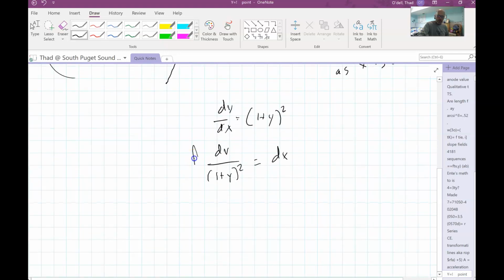And if we integrate that, now we're going for an analytical solution using separation of variables. If we integrate this side, we end up with what? Negative 1 plus y to the negative 1. And over here we get t plus c.